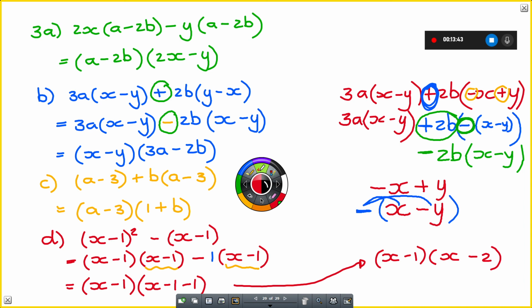Yeah. So when we do common factor, we always have, what is going on here? We always have, what on earth, sorry.